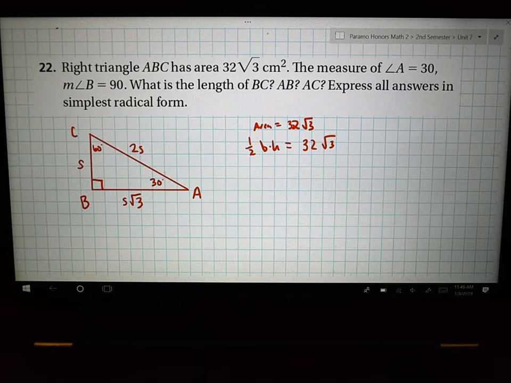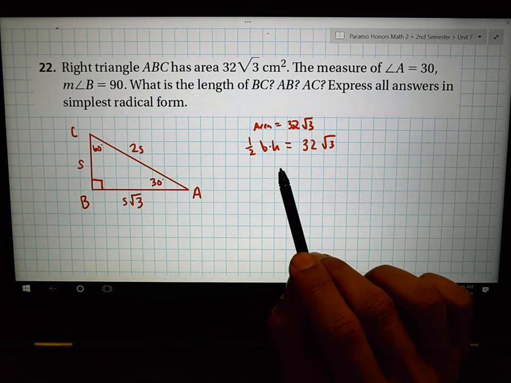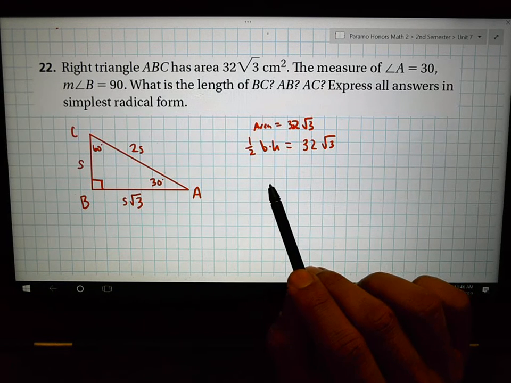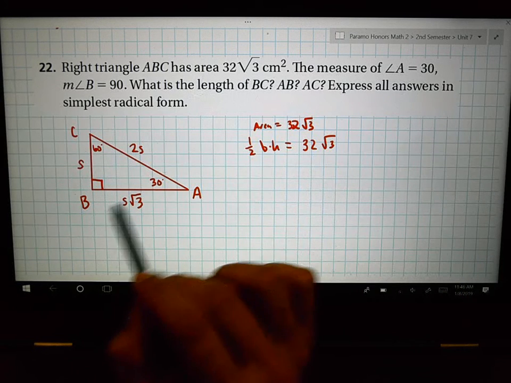In this formula, the base and the height always have to be perpendicular to each other. So the ones that we're going to multiply are this one and this one. Let's write that down.